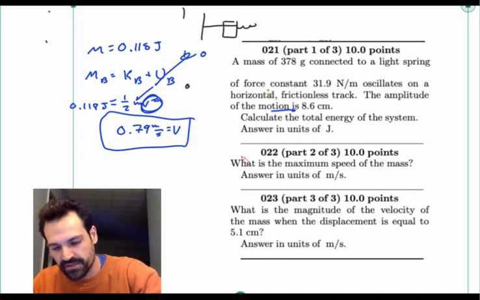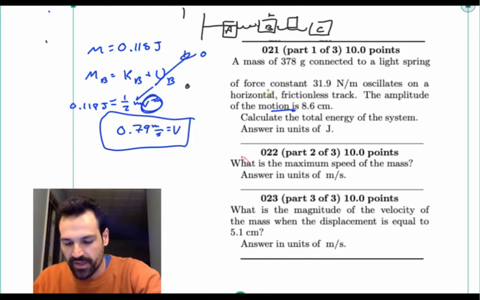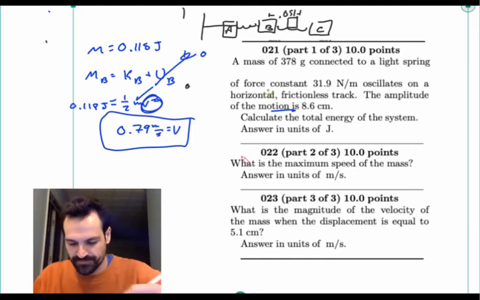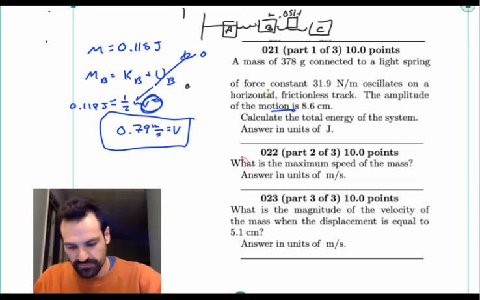So now we have a weird situation where we're actually at position D. So we have A, which is the minimum amplitude, B, equilibrium point, C, where it's stretched, and then now we have this magical position D where it's not stretched the whole way, but it's only stretched 0.051 meters. But we're still going to use the mechanical energy.